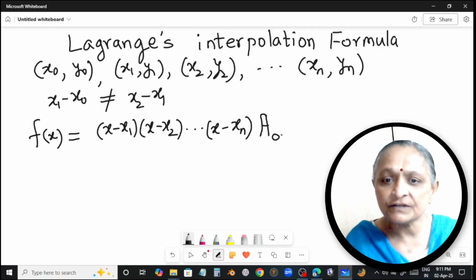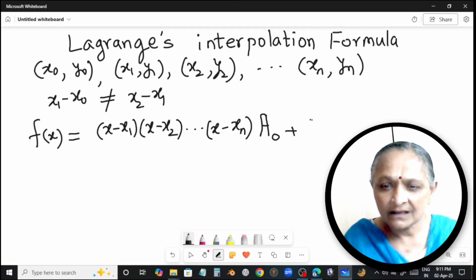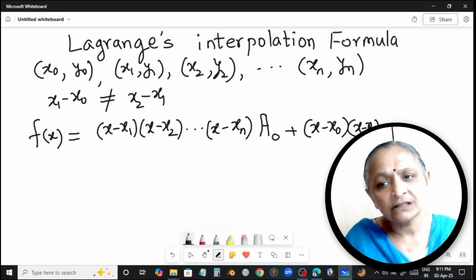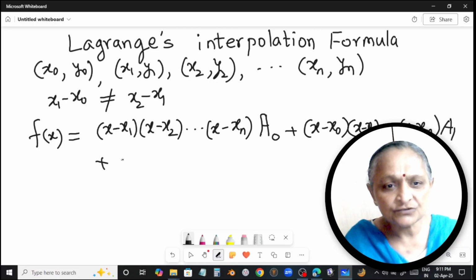This constant we are noting as a naught, plus x minus x naught into x minus x2 into and so on last x minus xn times constant a1 plus and so on.